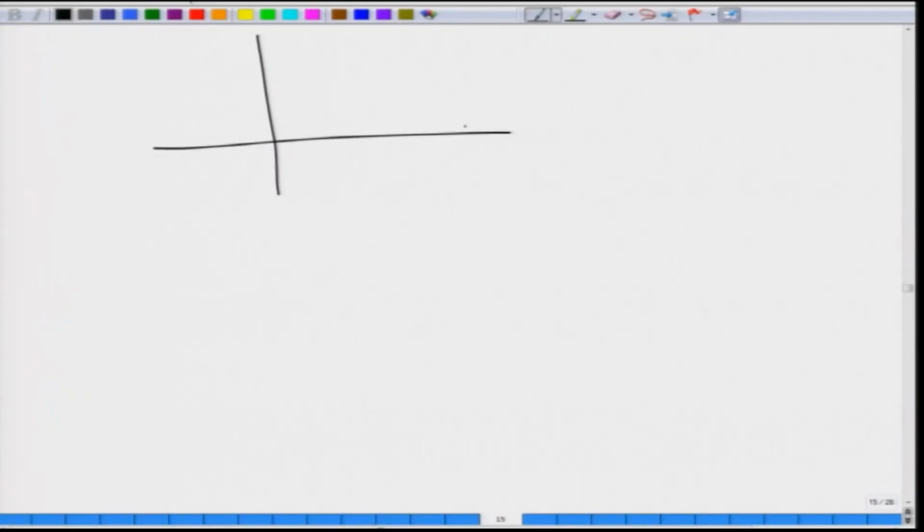Also, you know, when we revolve a curve around an axis, let us say we have a given curve like this, any curve. If we revolve it around the x axis, what are we going to get?